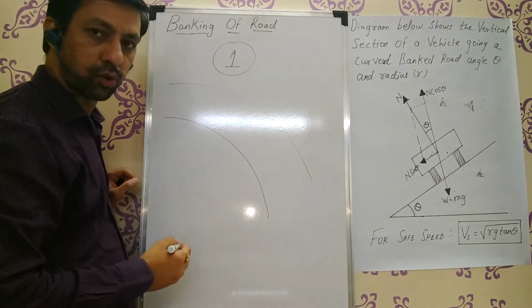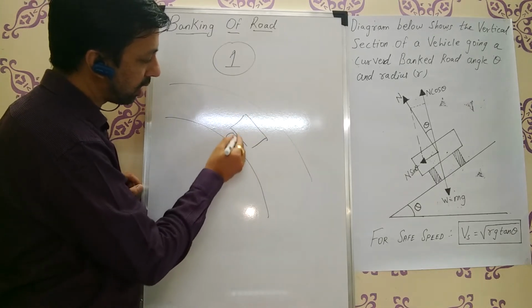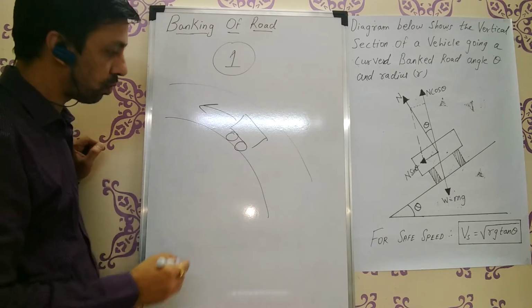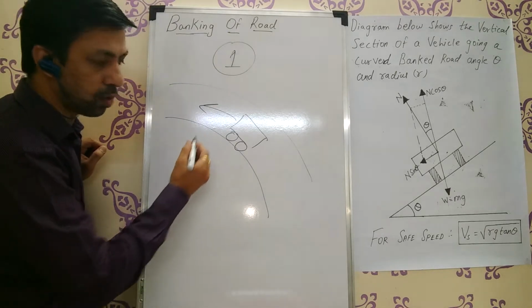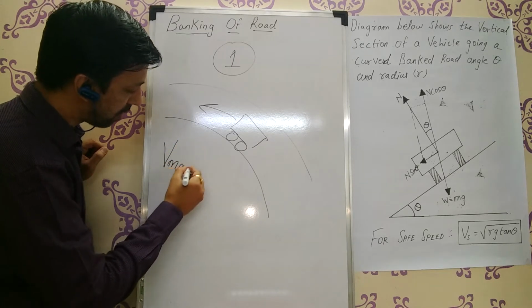This road is not banked, and the vehicle is going in this particular manner along the horizontal curve road. In this derivation, we found the expression for Vmax.